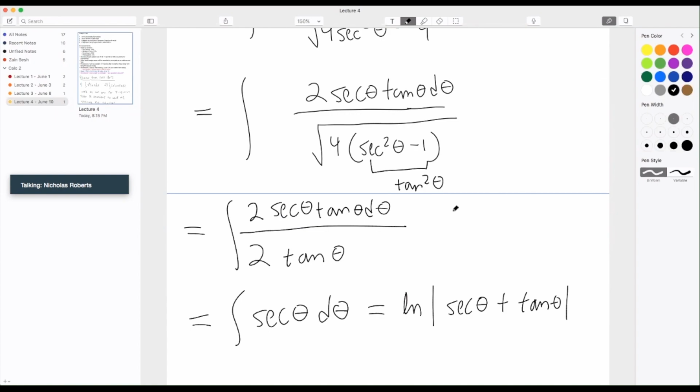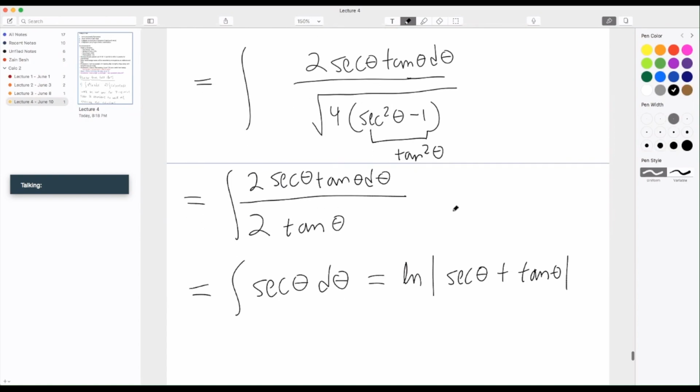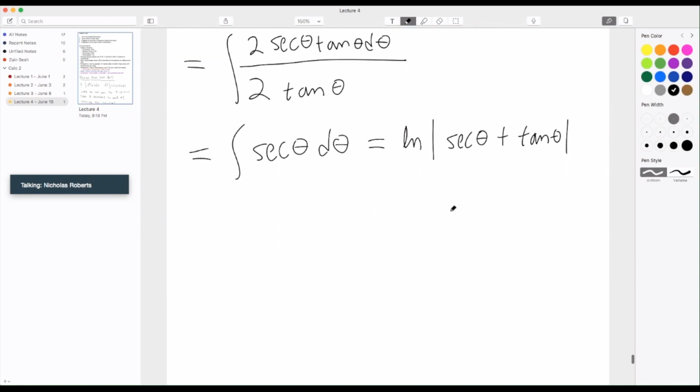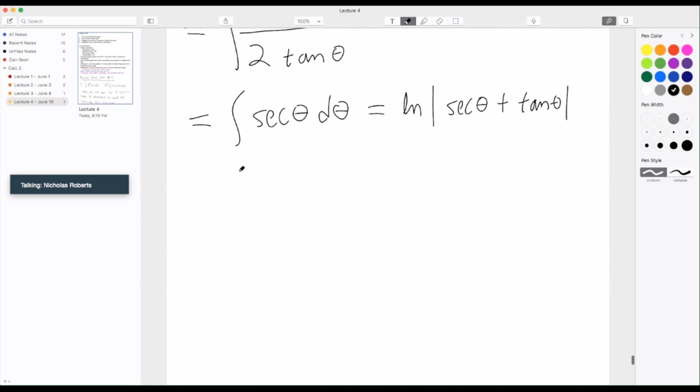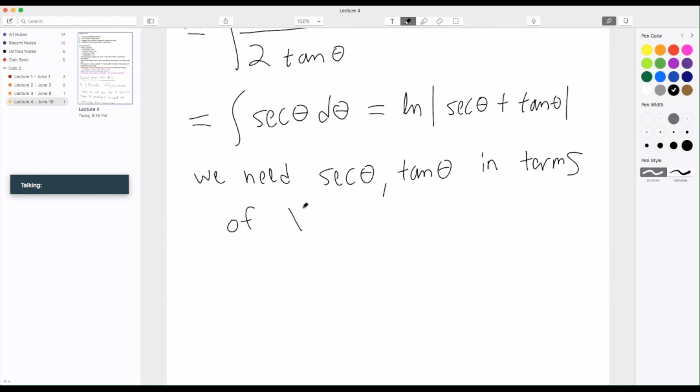Right, we are at the finish line. Let's write down what we need: secant theta and tan theta in terms of x.